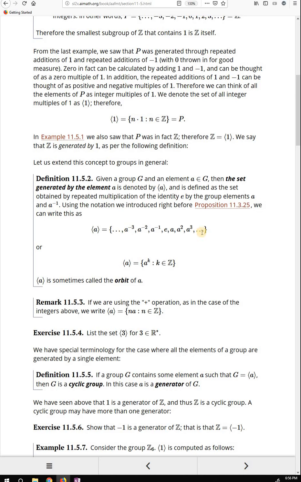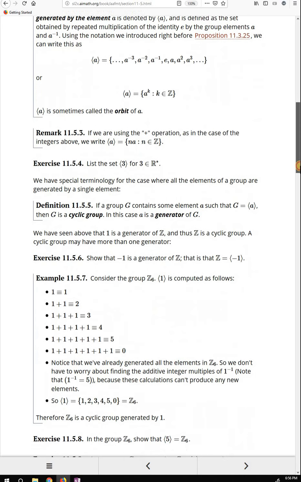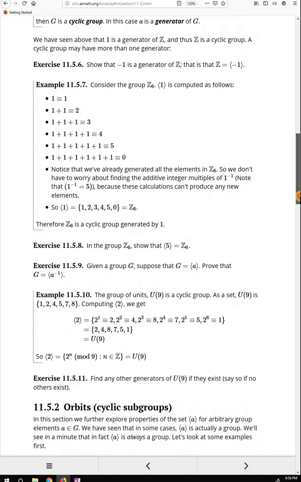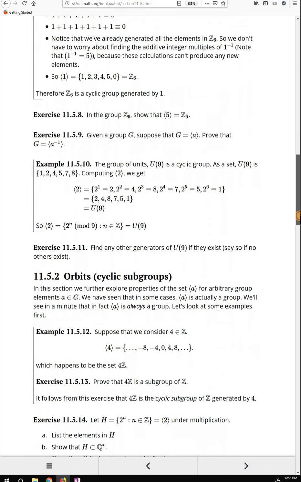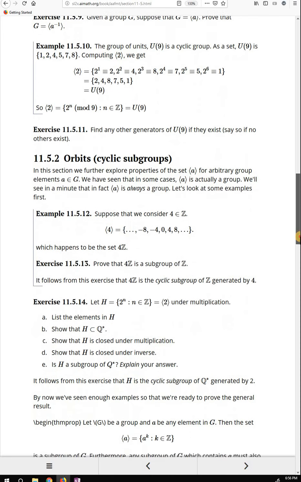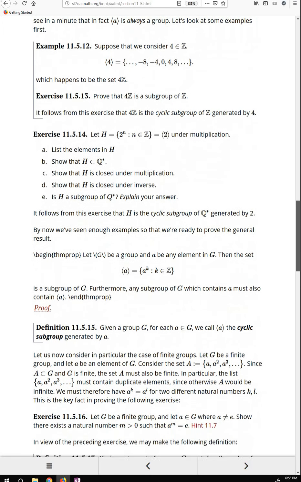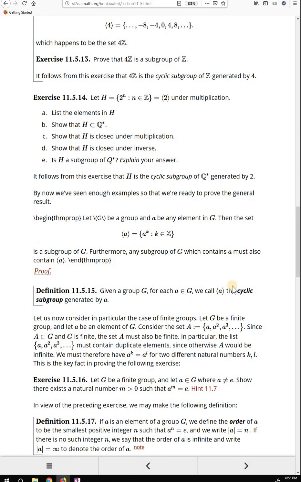These are not the straight brackets, but the straight brackets are related. If I take a and a squared and a cubed and a fourth and so on, it's going to create some subgroup.